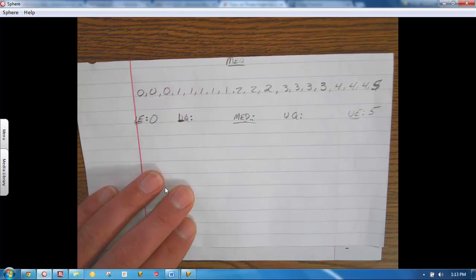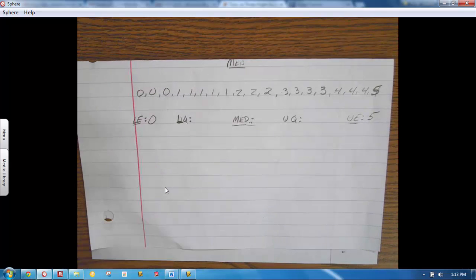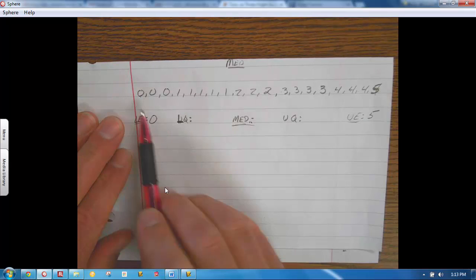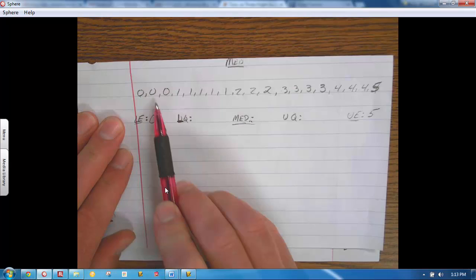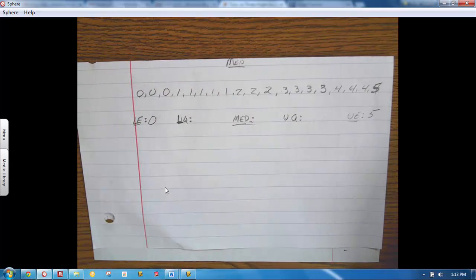So as we look at these data points here, it always helps me, instead of just going one from the bottom, one from the top, next one from the bottom, next from the top, if I know I've got like 25 data points, I'll cross off like 7 or 8 from the bottom and then 7 or 8 from the top, and then just kind of work my way in.